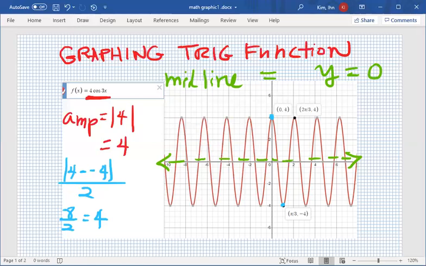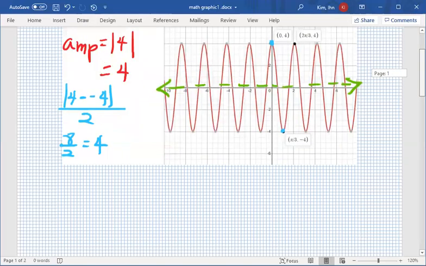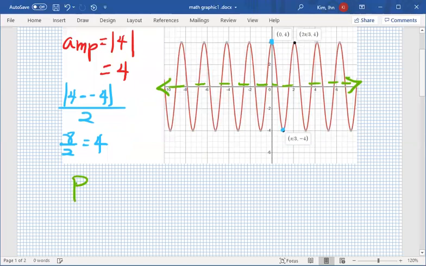So the last question, which is the hardest one, has to deal with the period. Okay, so the period, let me move this down a little bit. The period for a traditional cosine is 2 pi. But if you apply the formula, it's 2 pi over the absolute value of the b number.